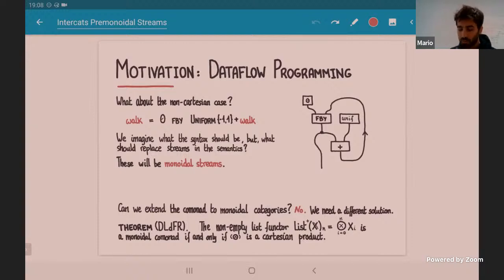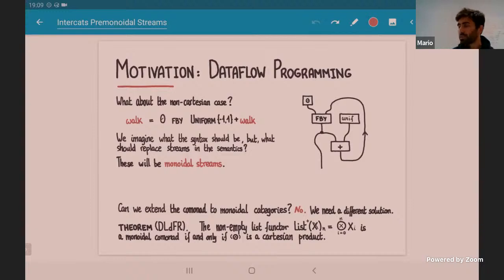However, if you try to just generalize the comonad that we saw before, you can still define it in every monoidal category, with a monoidal tensor product like this. But the problem is that this functor, the non-empty list functor, is a monoidal comonad and gives you all this structure if and only if the category is Cartesian.